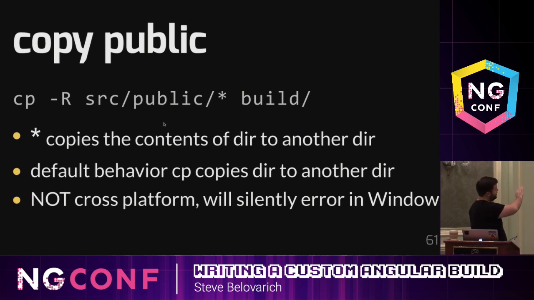And then we can tell the copy command we want to copy all the contents of the public folder to the build folder. The default behavior of copy would be to copy the public folder to the build folder. So you would have build/public, but that's not what we want. We want all of our public files to be at the root of our build.